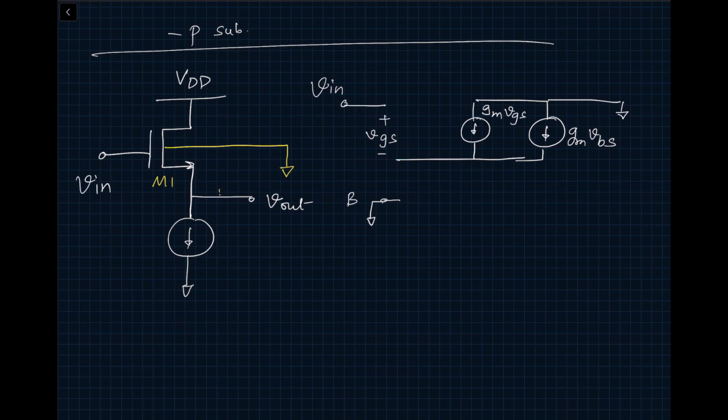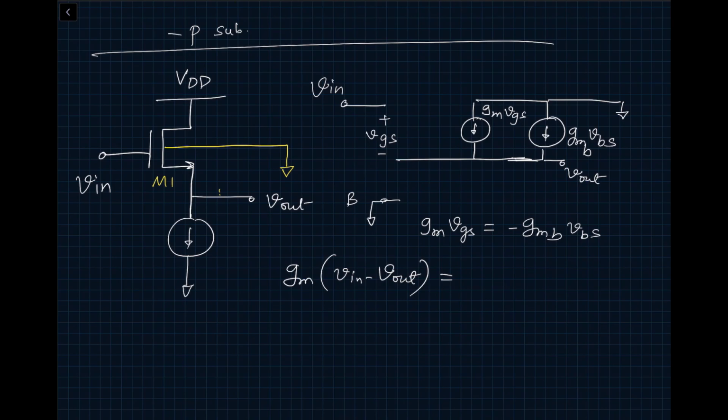So in this case, you can see that gm vgs is equal to minus gmb vbs. So we can say this is our Vout. So let's write the expression: gm times (Vin minus Vout) is equal to gmb times Vout.